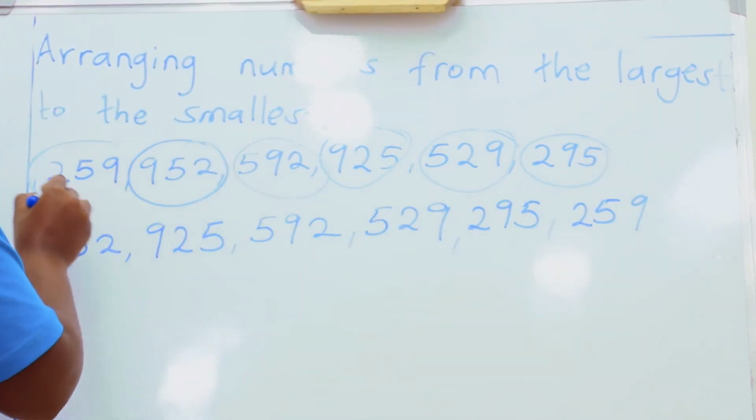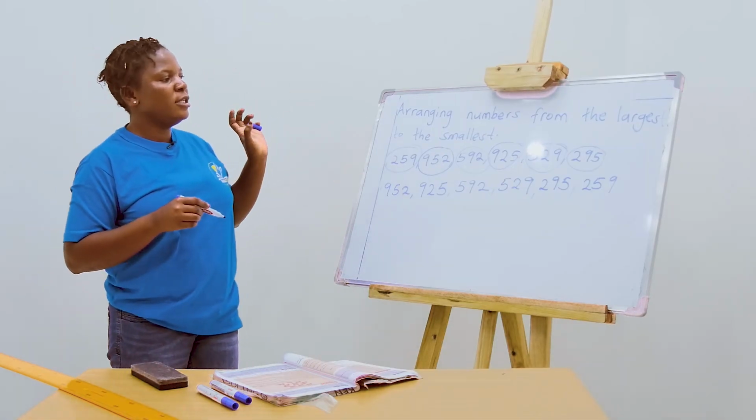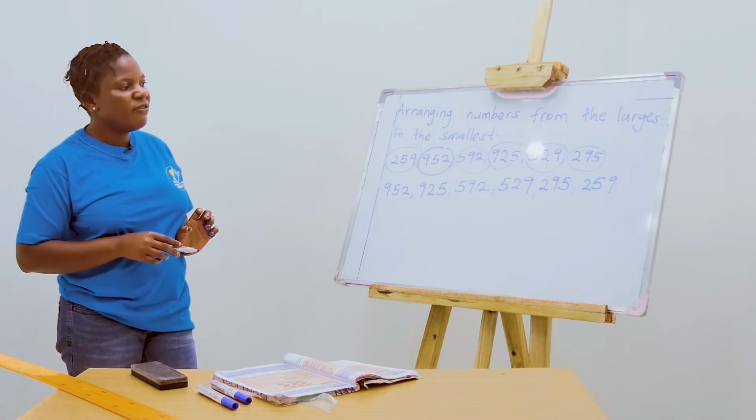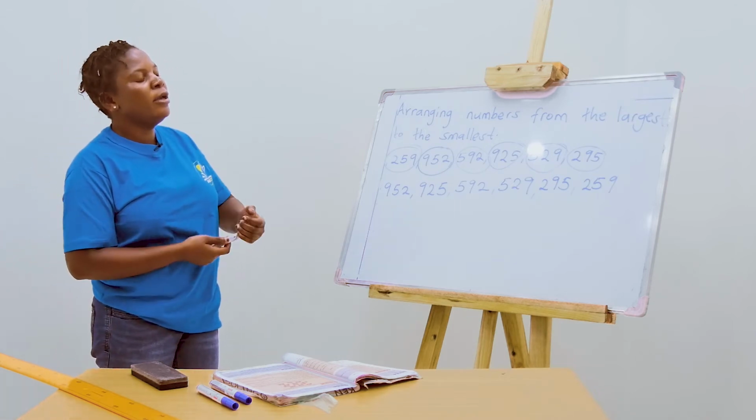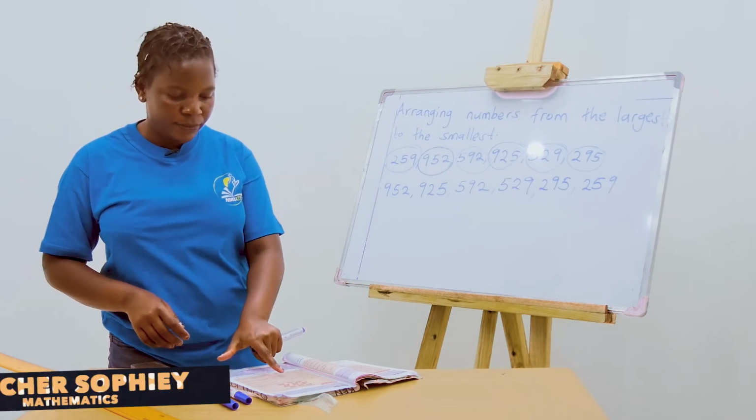That is our smallest number. When you circle the numbers like that, you will not be able to leave out any number. You are going to work out on all the numbers.